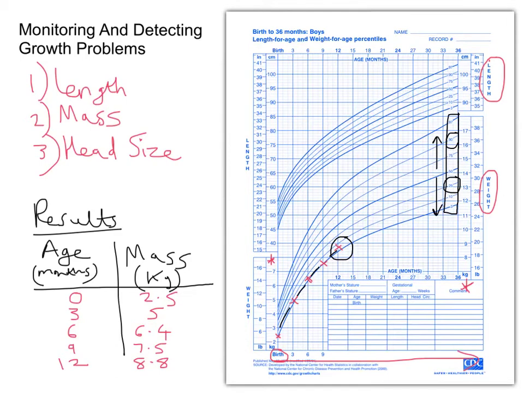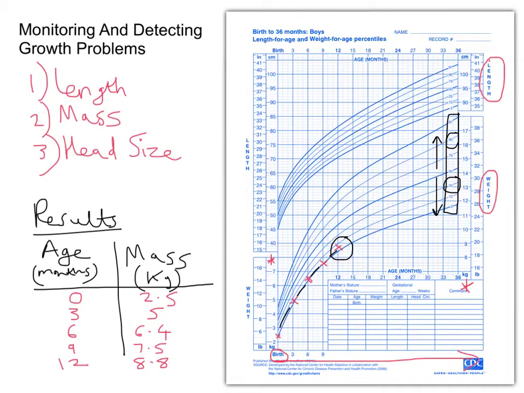So now let's look at this actual value that we have here. We're quite close to our 3rd percentile line. So now we're looking at our actual value that we obtained, the red X that I've circled, and we're coming close to our 3rd percentile line.